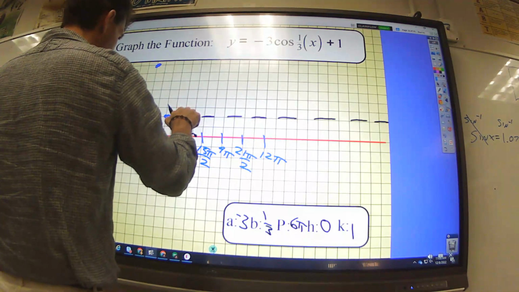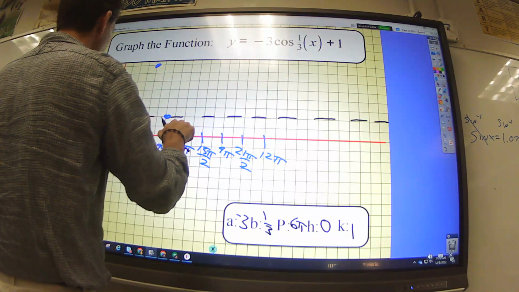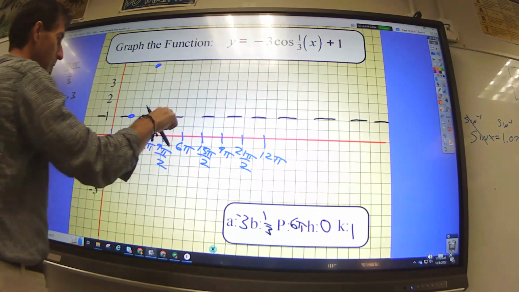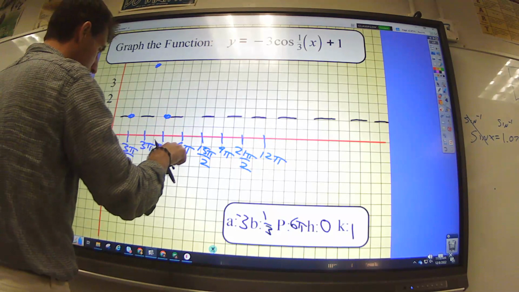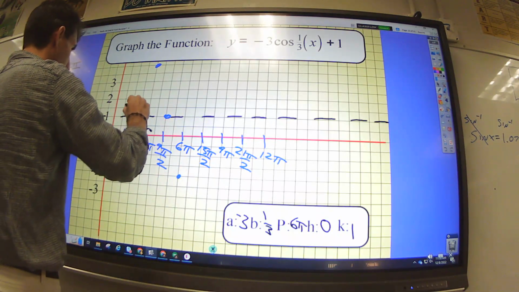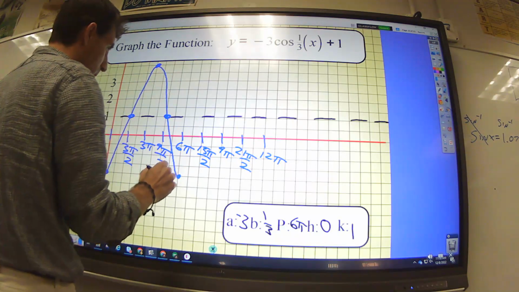And then at 6, I'm going to go down 3. Yeah, +4, right? Am I right? I feel like because we're adding 3 to 1. 1, 2, 3. And then we go curvy. Always curvy.